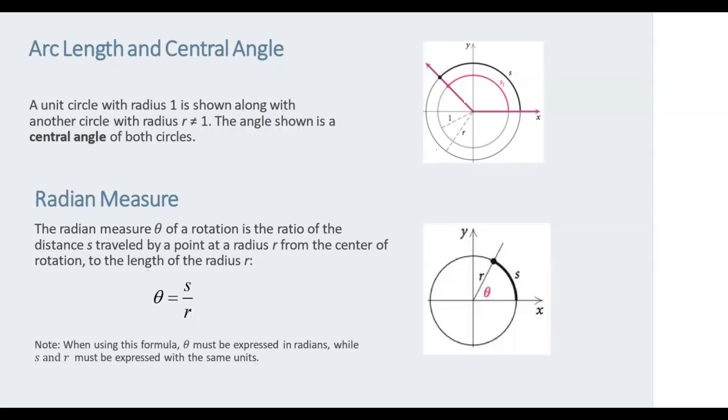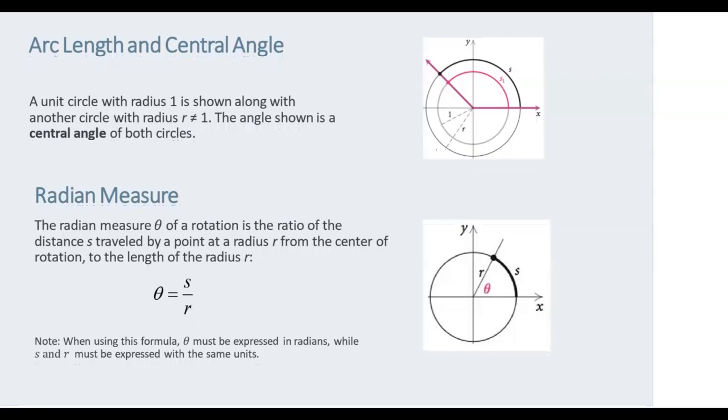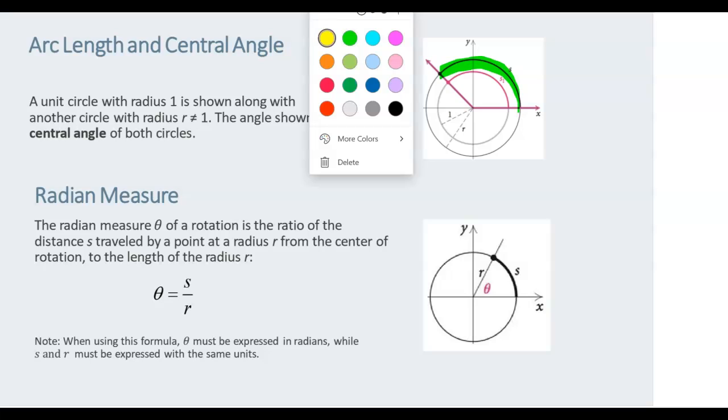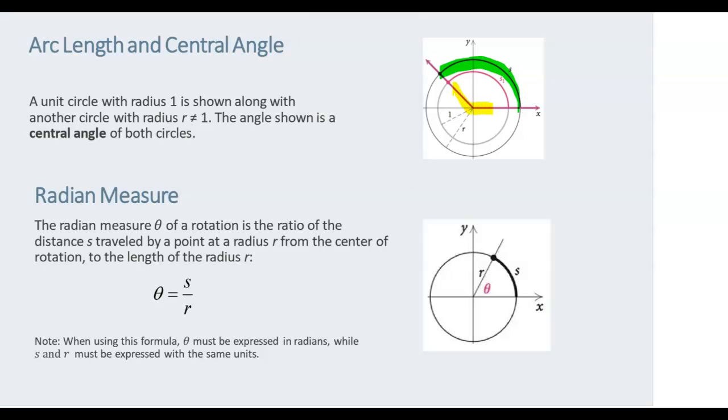When we have the arc length, which is the length going along the circumference of the circle, compared to the measurement of what we call the central angle, the angle that's sitting in the center of the circle, or in this case on the origin of the x and y axis. When the radius is equal to 1, we kind of equate that arc length with the central angle, but they're actually measuring two different things, right?